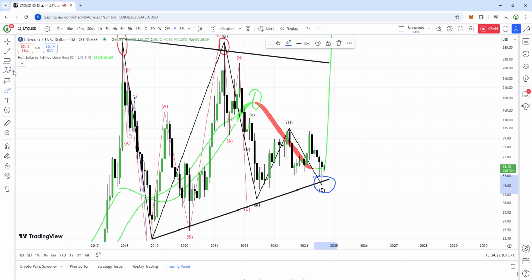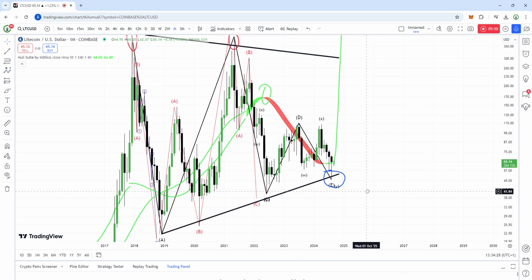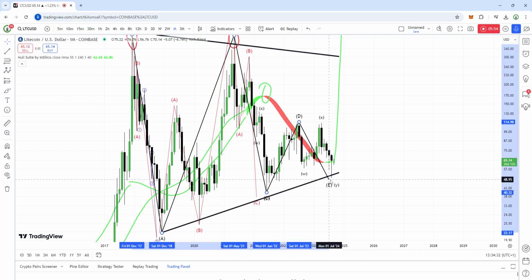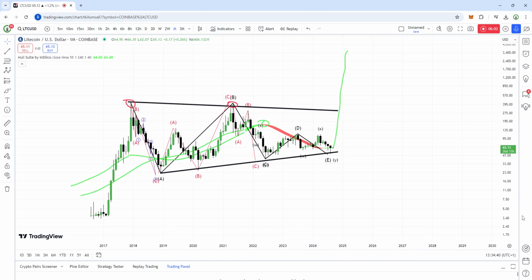You can also see that this structure here was a WXY to complete this E phase of the ending corrective phase. Okay, enough of that.